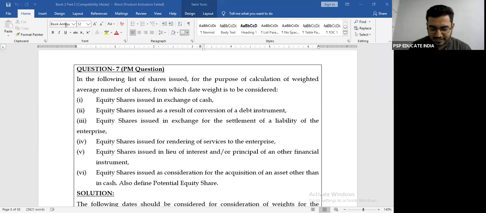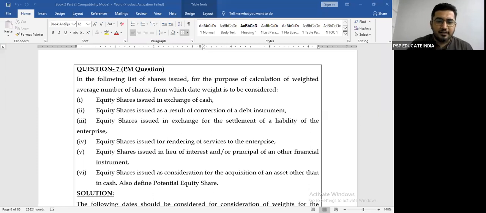Date of cash receivable. Okay, date of cash receivable.